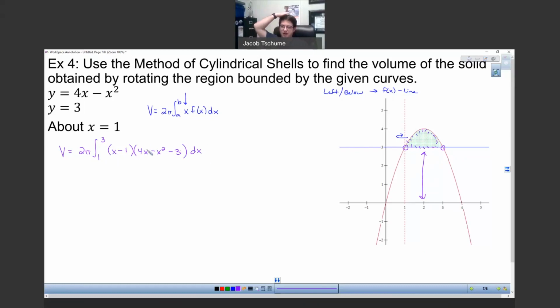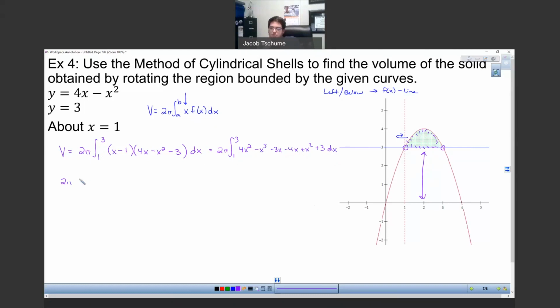All right, so now you've got to multiply all of this out. So this would be 2 pi times the integral from 1 to 3, and multiply all of this out. So it would be 4x squared minus x cubed minus 3x minus 4x plus x squared plus 3 dx.